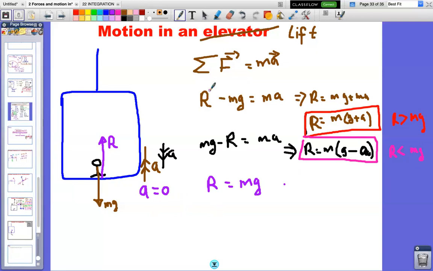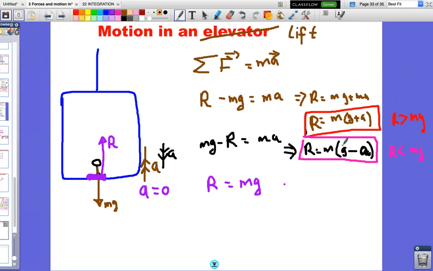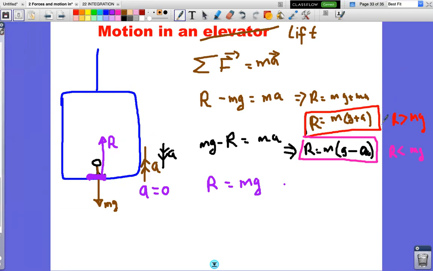And these questions usually will ask you, if you are standing on a bathroom scale, something that will measure your weight. The scale that you are standing on will measure the value of R, okay? So if the lift is accelerating upward, you will see that the scale will read a bigger value than your normal weight.